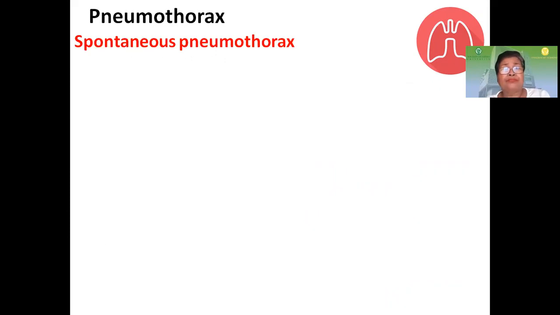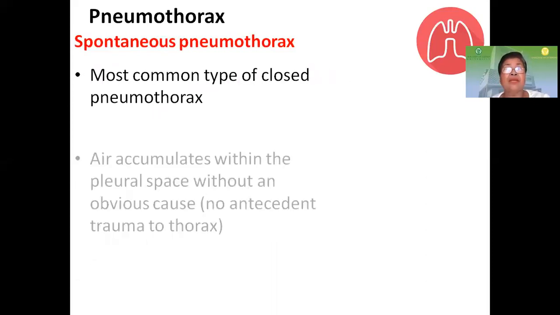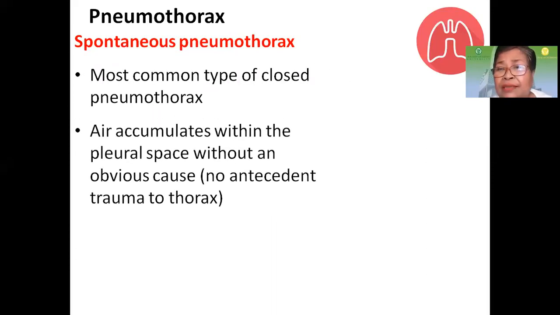So, what are the types? Spontaneous pneumothorax. Pag sinabing spontaneous pneumothorax, ibig sabihin, walang history ng trauma. Hindi siya nasaksak, hindi siya nabaril, pero may pneumothorax. Okay? Ibig sabihin, simple lang siya. Simple pneumothorax.